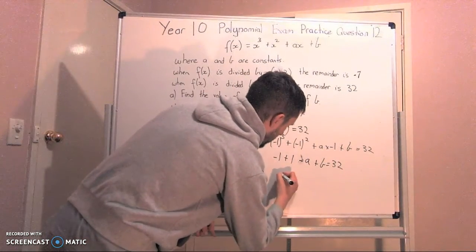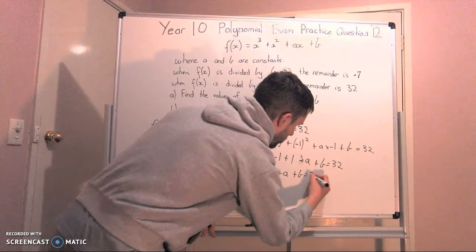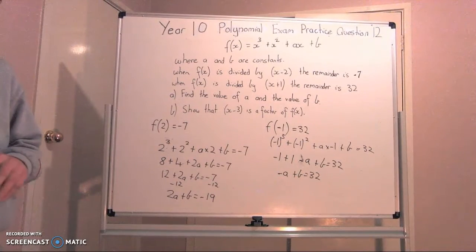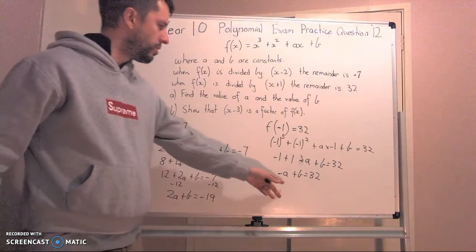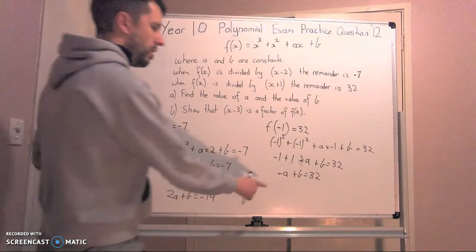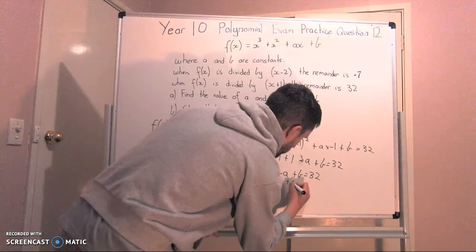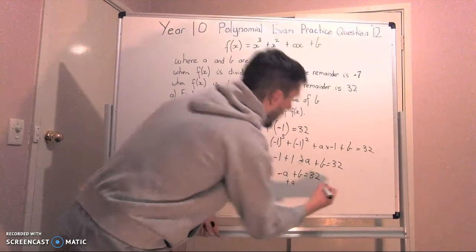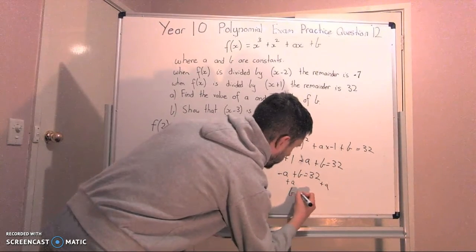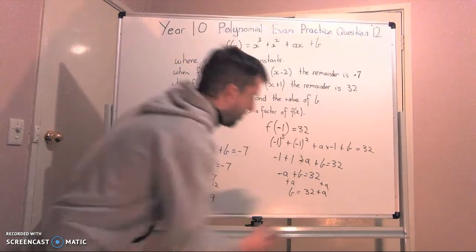So I'm left with negative a plus b is equal to 32. Just to make it easier, I'm going to get my value of b onto one side, which means I'm just going to get rid of negative a and add a. If I add a to both sides, I am left with b is equal to 32 plus a.